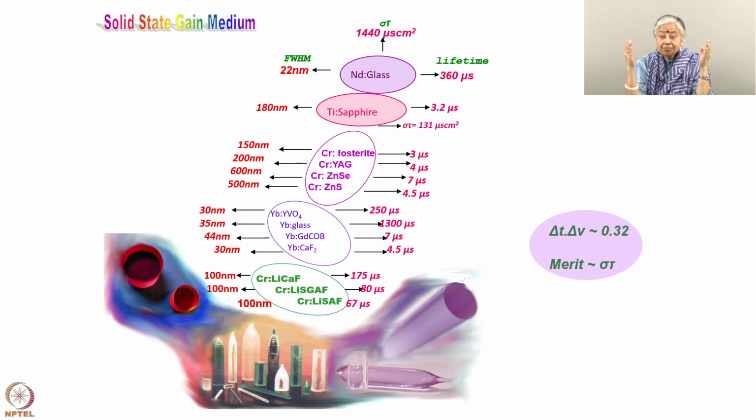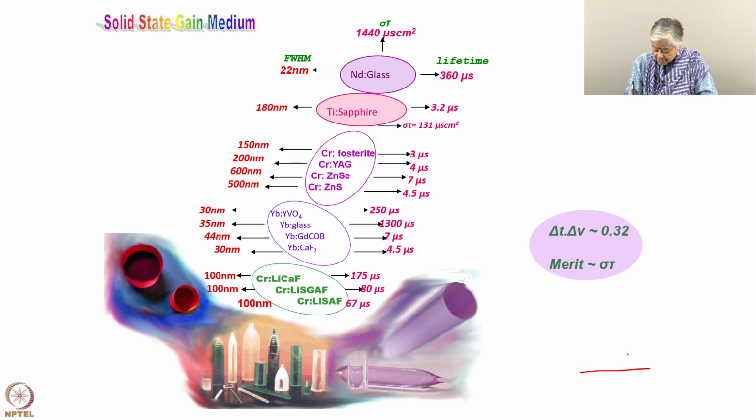If, by the time the pulse comes in, some of those upper laser levels have all tumbled down to the lower laser level, you do not have any gain in the medium for the amplification to take place. Okay.